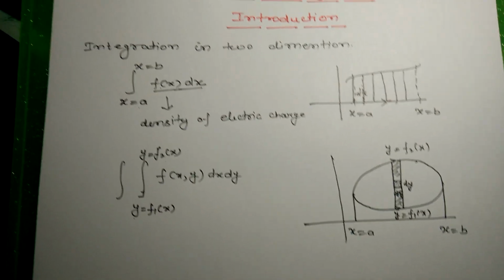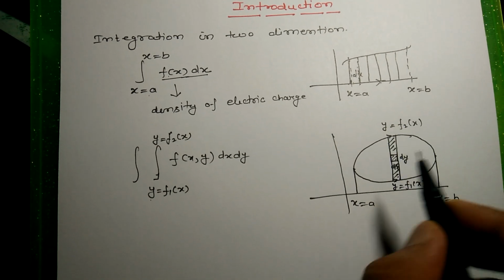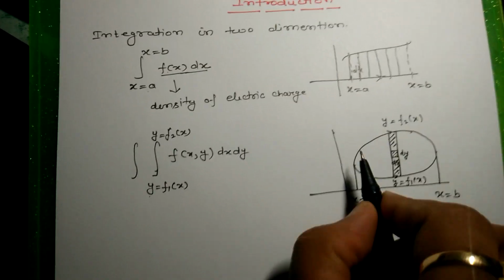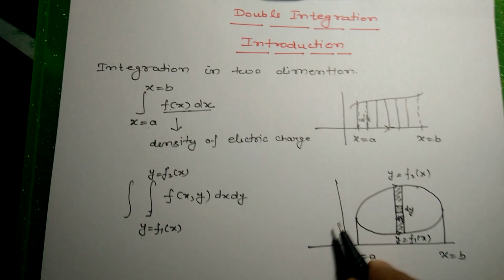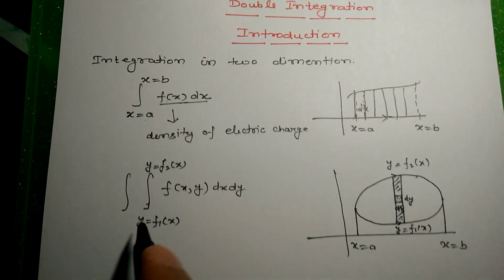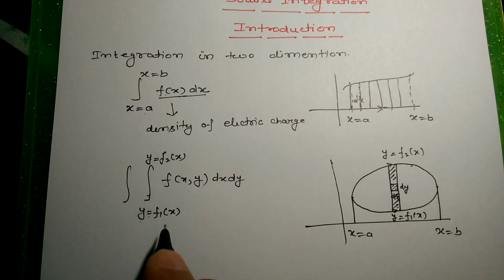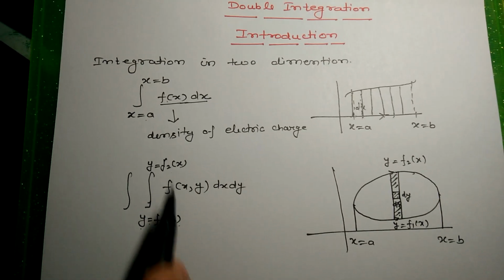By doing this, I'm bounding my strip. Look at the pen. It's like I'm bounding this pen between these two curves, the upper curve as well as the lower curve. So my strip cannot go beyond this. That is why whenever we write the strip's limit, we always use those curves.